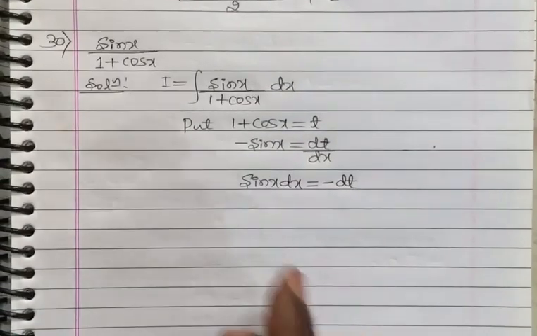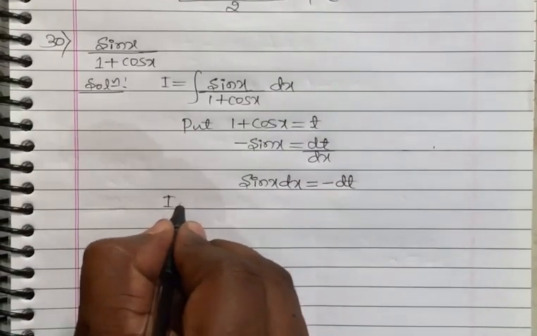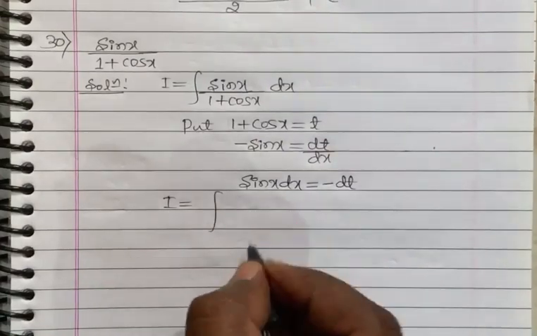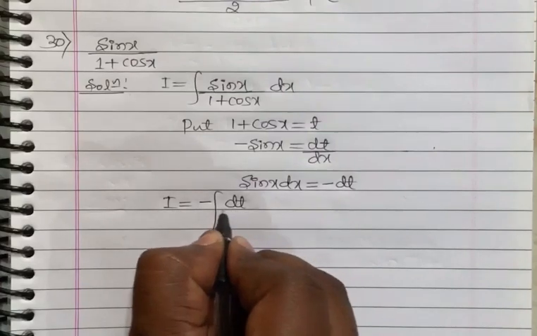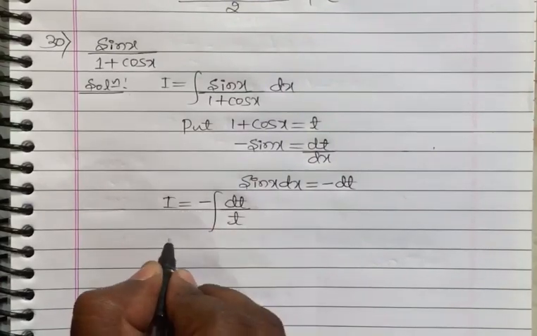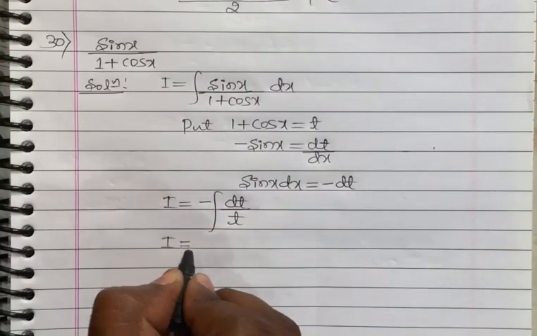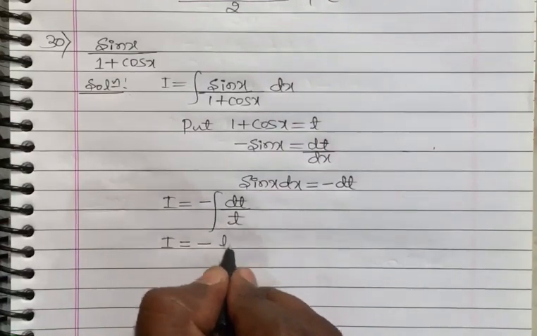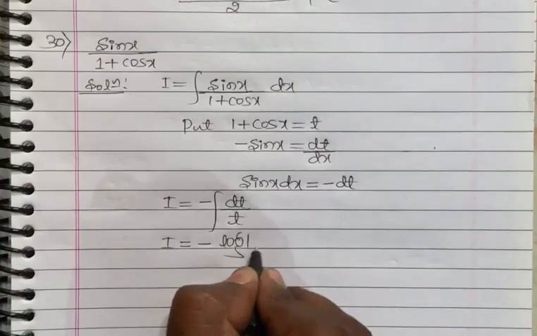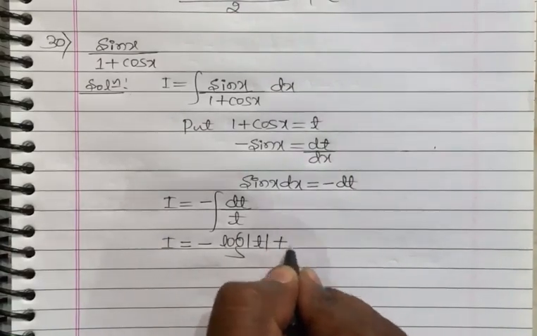So rewrite the integral: I equals the integral, sin x dx will be minus dt. I write minus outside, dt by t. So minus as it is, the integral of dt by t will be log mod t plus c.